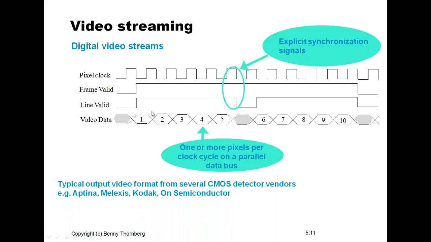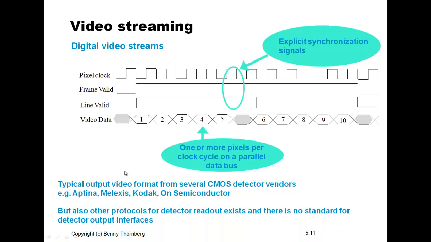And I would say that this is a typical arrangement of a video stream that comes out of many of the available CMOS imaging detectors, like the ones from Aptina, Melexis, Kodak, ON Semiconductor, and so on. But other protocols for the detector readout also exist, and there is really no standard for the video streams on the detector level.